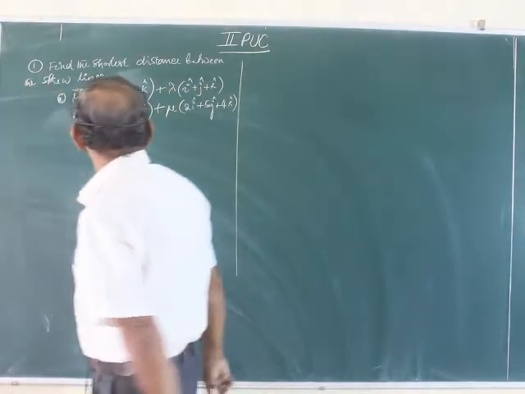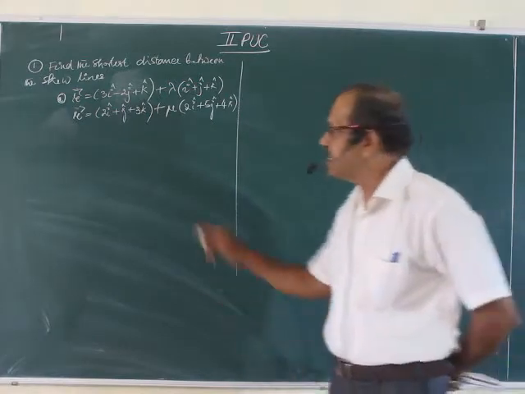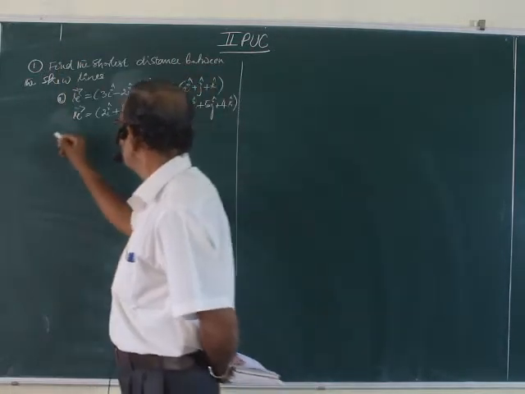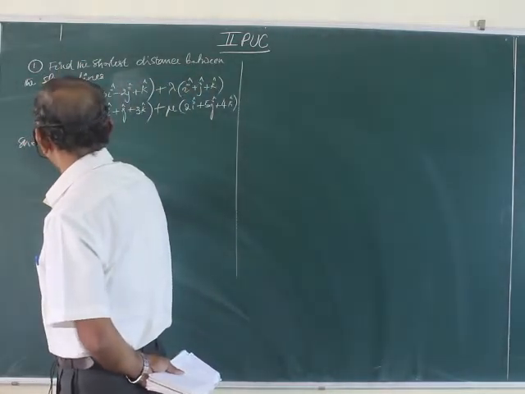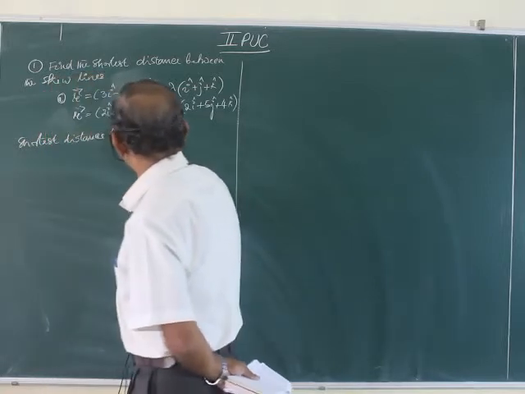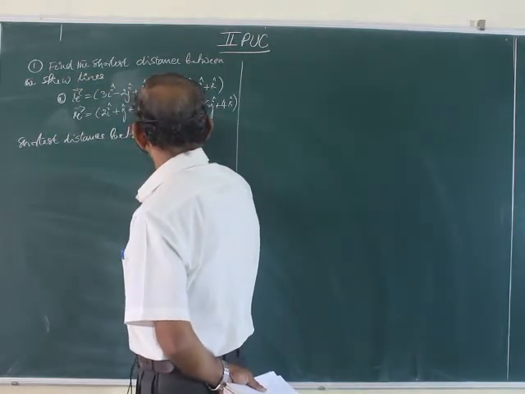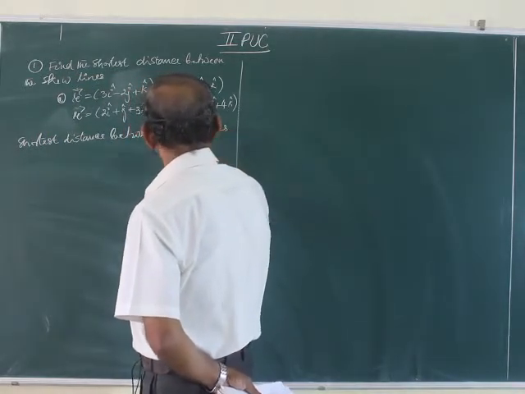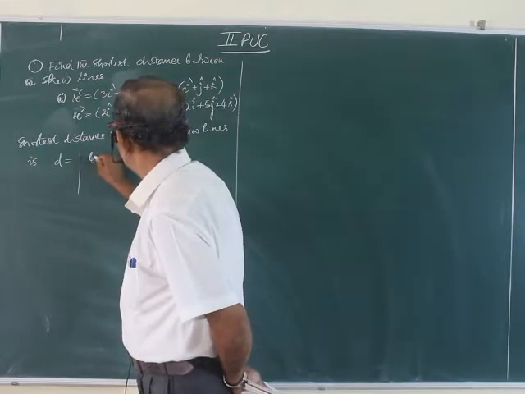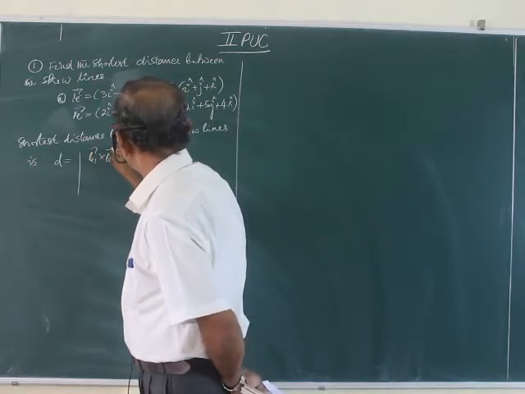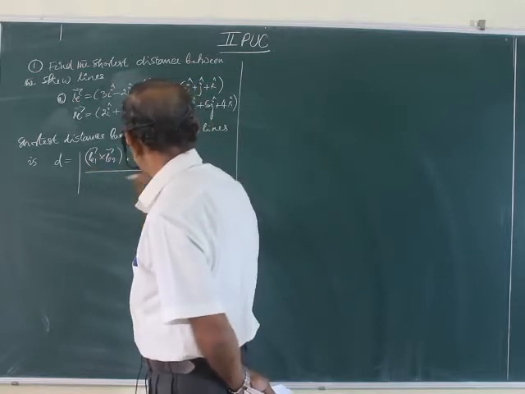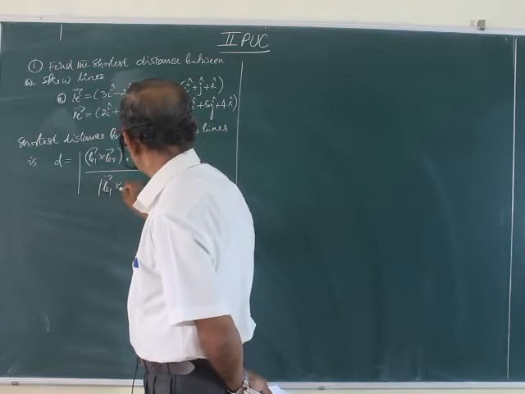Write the formula. Then write all the details, required quantities separately. Then substitute the values in the equation. So, shortest distance between two skew lines is d equal to b1 cross b2 dot a2 minus a1 divided by mod b1 cross b2.